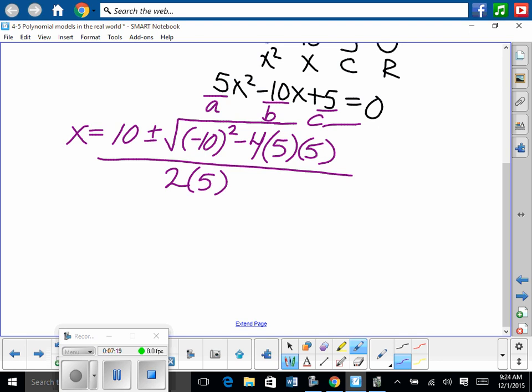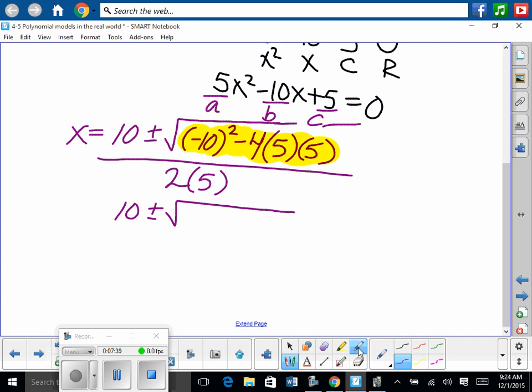So I'm going to simplify it. 10 plus or minus the square root. Now I'm going to type in just this piece into my calculator and simplify it, because I'm not going to type in the square root, because if we can break it down by hand, we have to. Everybody should practice it. Everybody type it in real quick, so you can make sure you get it right.